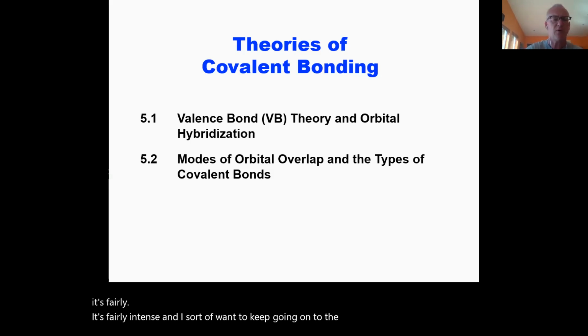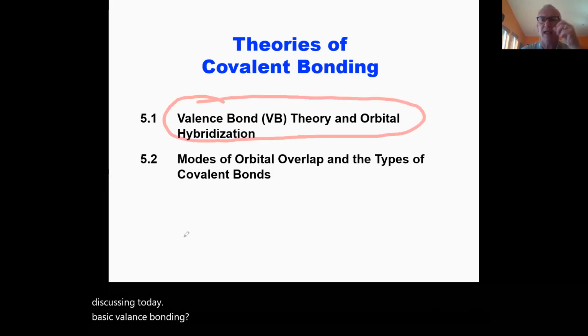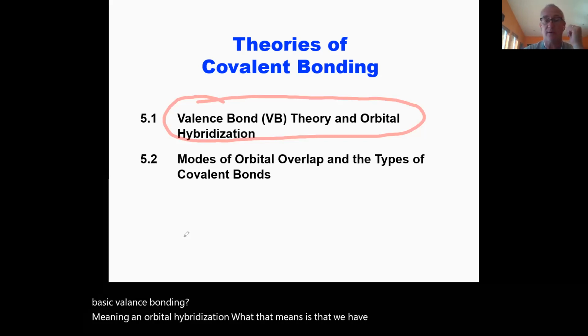The two things I will be discussing today are basic valence bonding theory, meaning orbital hybridization. That means we have now a new kind of orbital.